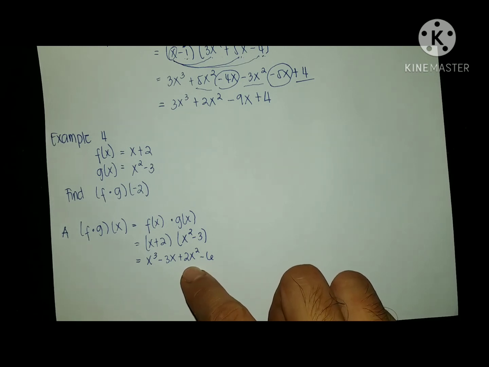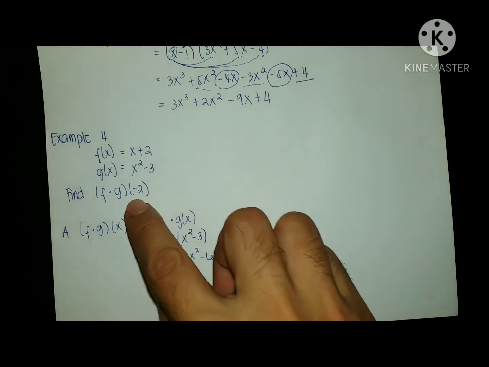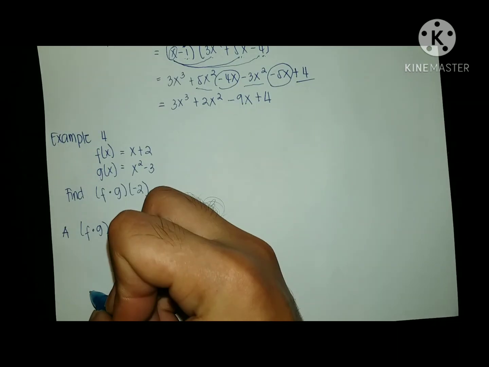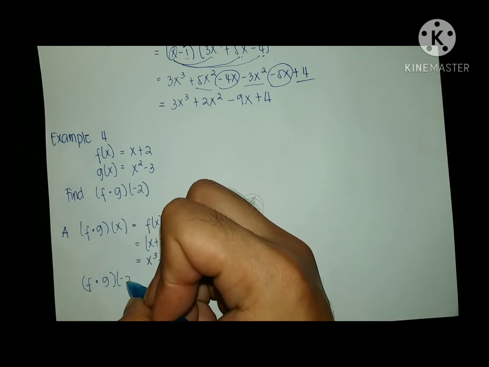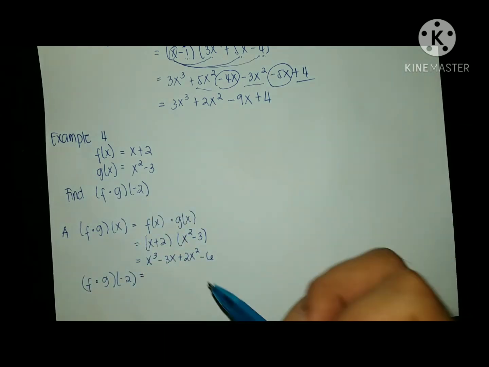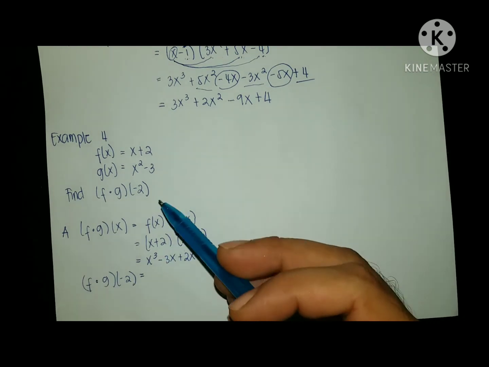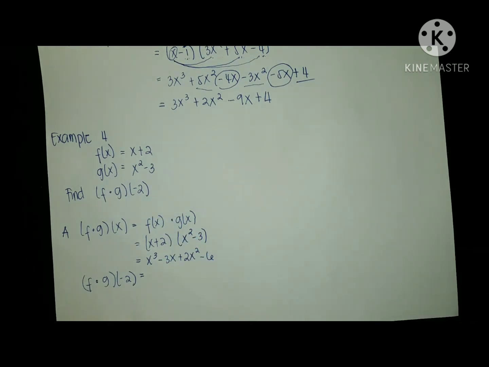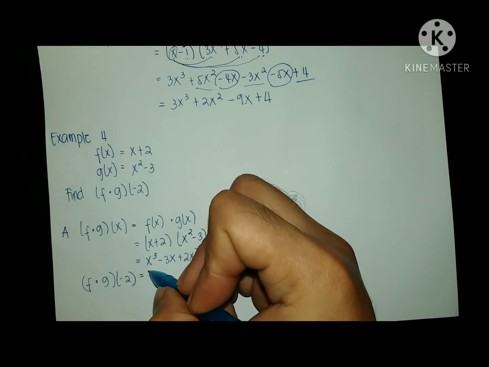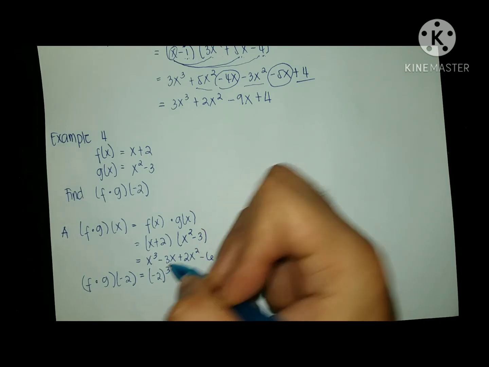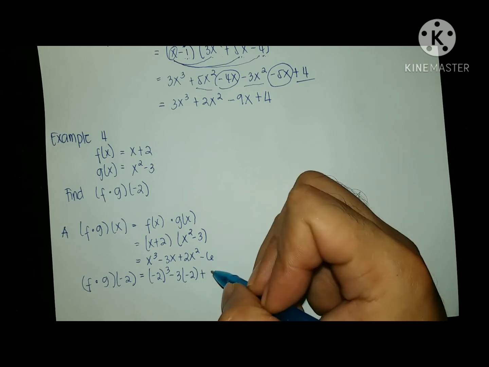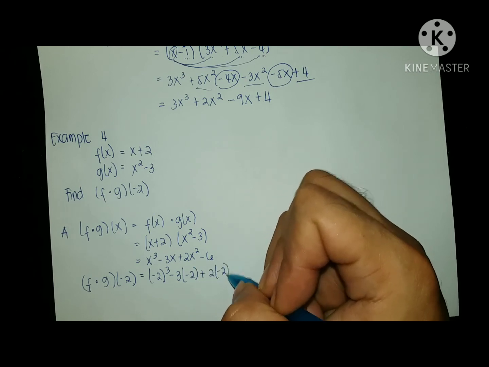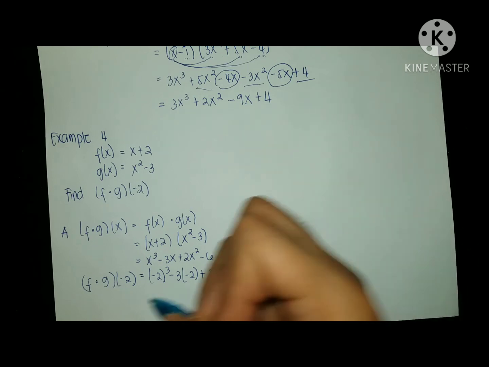Now, it's time for us to evaluate it with the given value of x, which is negative 2. So that is f times g of negative 2. So replace all the x variables with negative 2. That is negative 2 cubed minus 3 times negative 2 plus 2 times negative 2 squared minus 6.